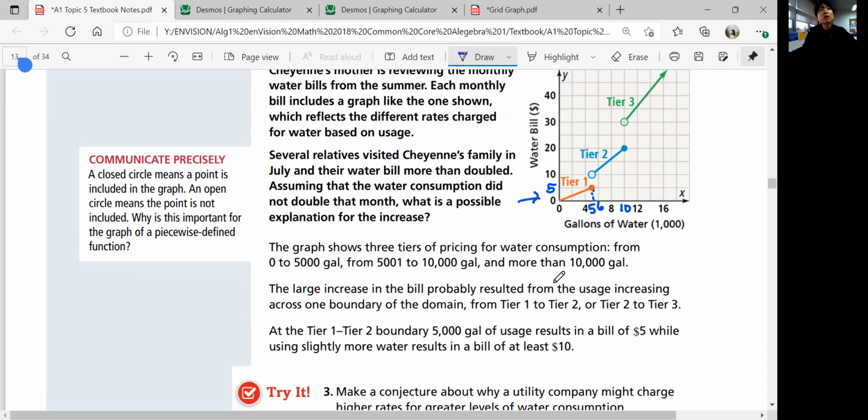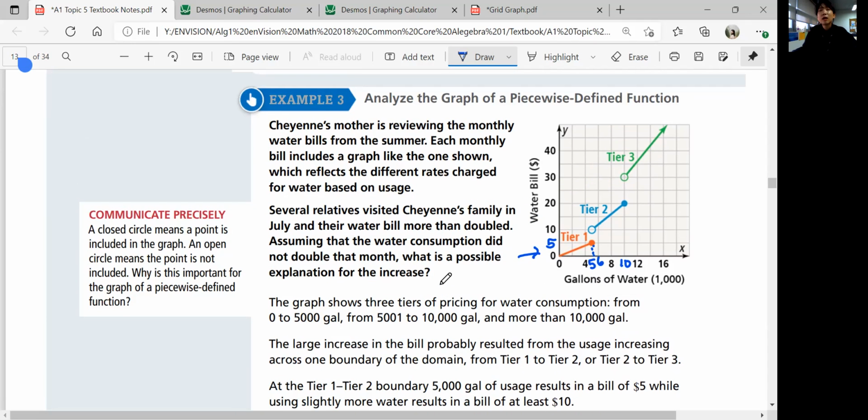Okay, so it doesn't say here, but maybe it's because the company might want to charge higher rates for greater levels of water consumption because it wants to penalize extra water use during a drought. If you're going through a drought, then water is really important.